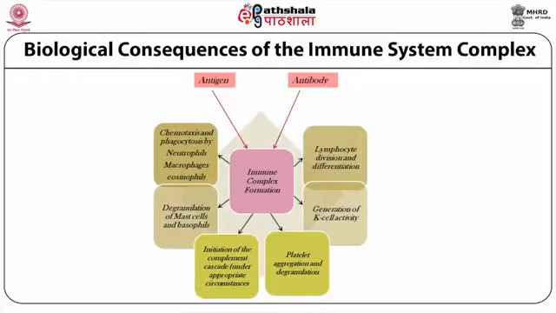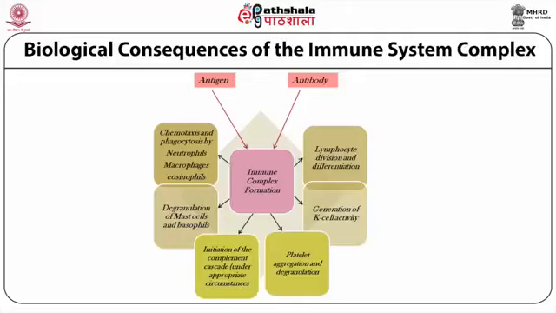Firstly, the network of antigen and antibody molecules creates a spatial array of molecules. Secondly, antigen binding to antibody via Fab fragment generates a conformational change which leads to the Fc region being more available for many interactions.